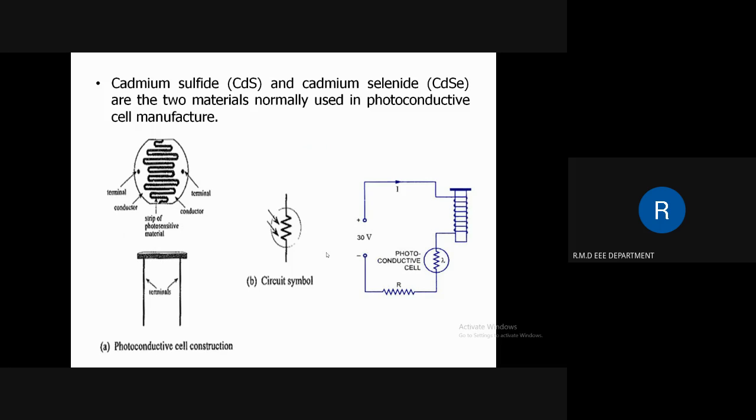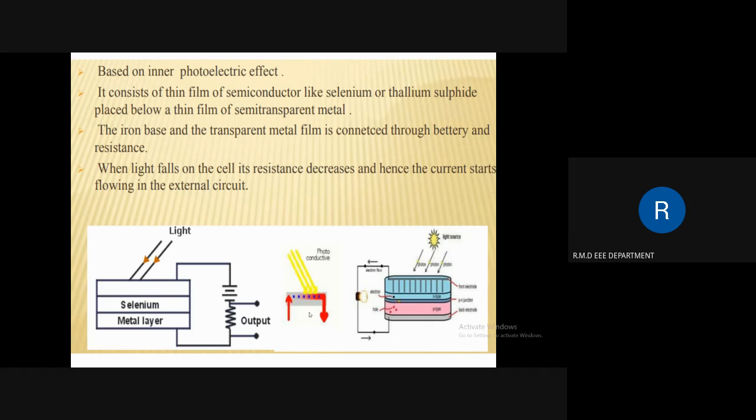When light falls on the cell, its resistance decreases, and hence current starts flowing in the external circuit. In this diagram you can see it is made of selenium material, with a semi-transparent material on top. Whenever light falls on the cell, the resistance decreases and current flows in the external circuit, as represented by this diagram.